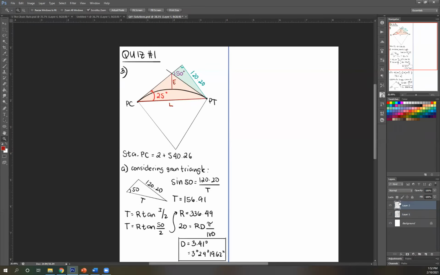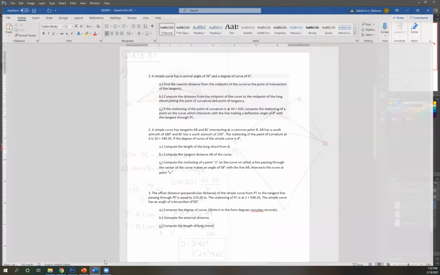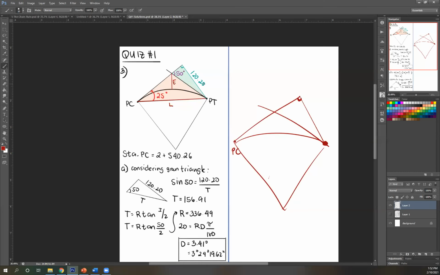So if you draw a simple curve, this is your PT. The tangent offset, again, is the perpendicular distance from the line passing through PC. So this is PC, and the line passing through PC is this line. Therefore, this is your perpendicular distance, making a right angle with that line. And that length is 120. Hence, in the drawing, this is 120.20.